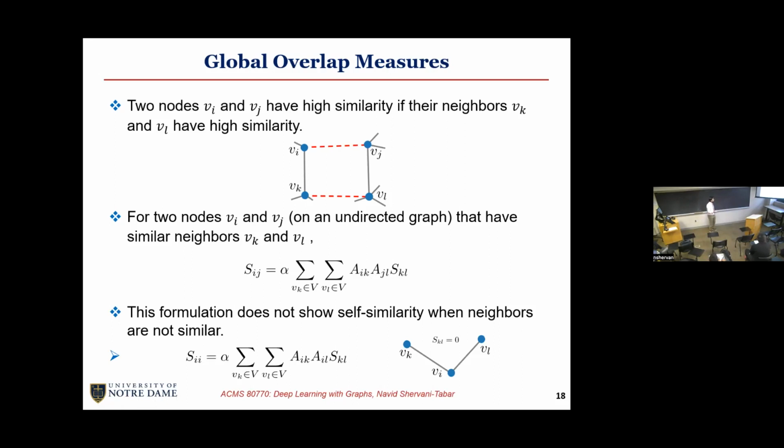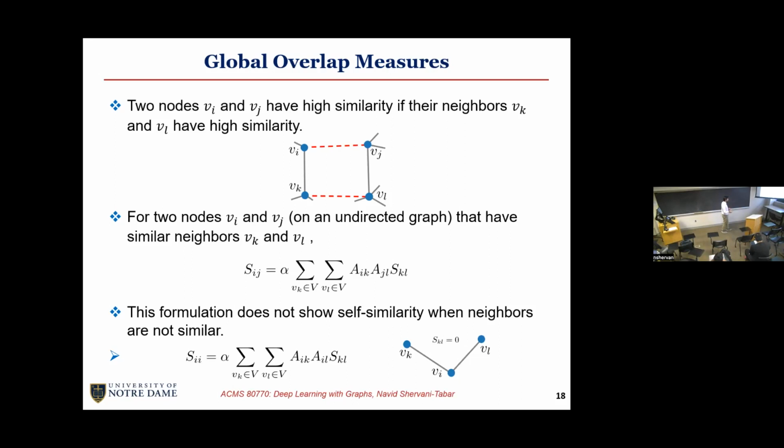So here you can see this equation, basically this shape here. We have a node Vi that has neighbor Vk and neighbor Vl. So a node, by any measure, we're expecting it to be similar to itself, right? It doesn't make sense if a measure of similarity says that a node is not similar to itself. So here you can see that Vi has neighbor Vk, Vi has neighbor Vl. So based off of this idea, if Vk is similar to Vl, Vi is similar to Vi.